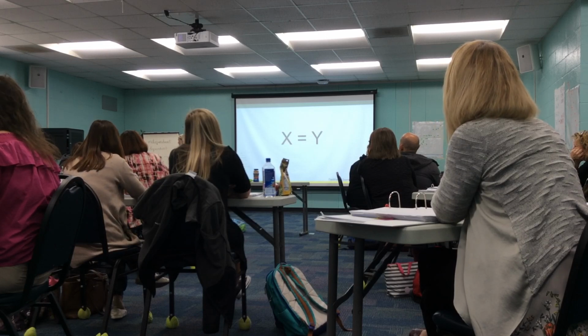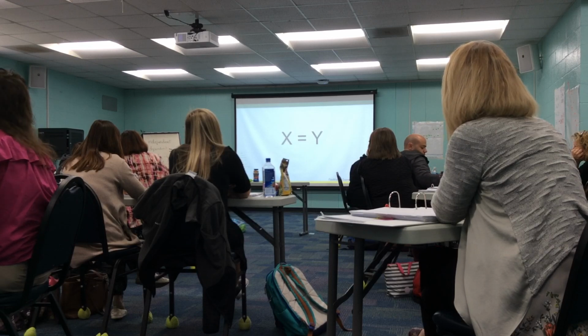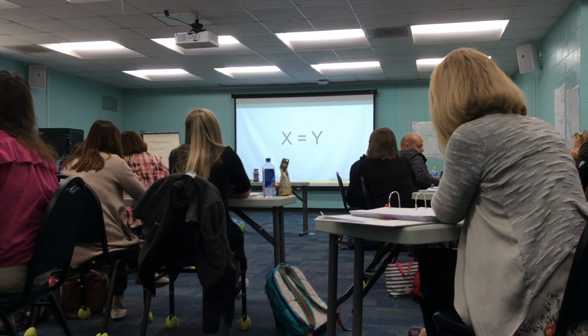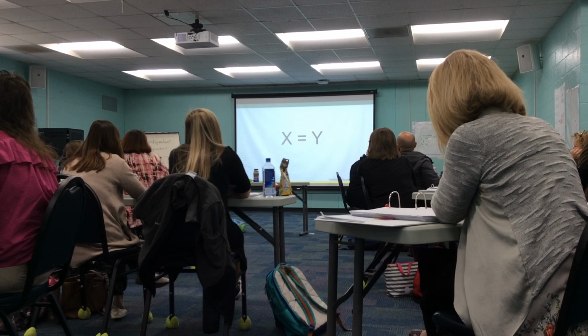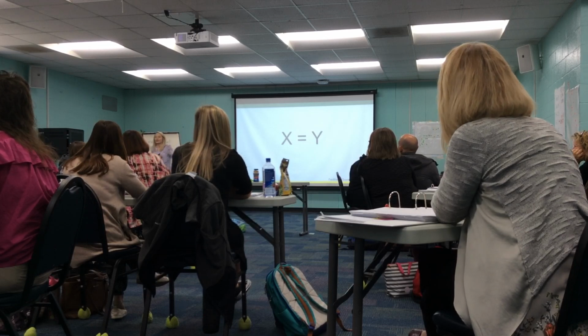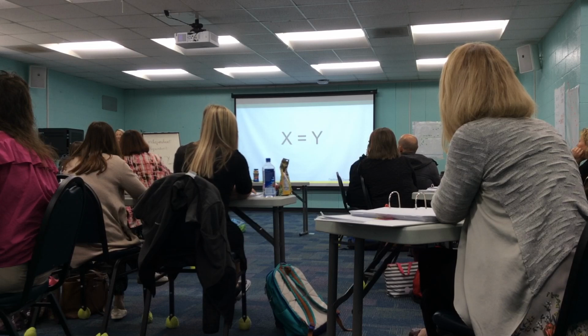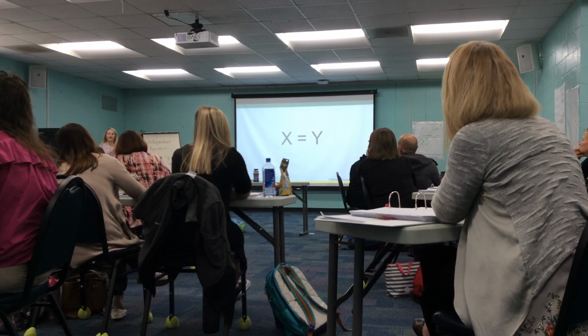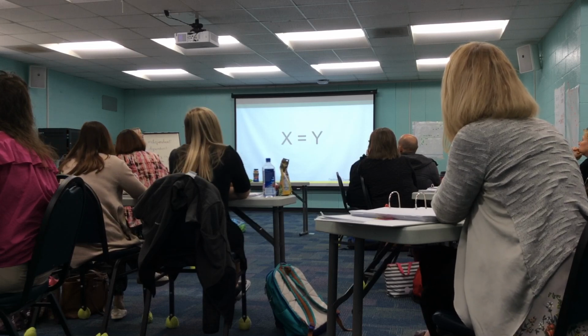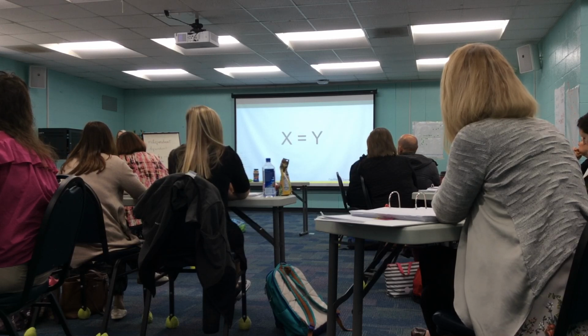Okay? Who knows what this is called? I didn't know before this training, because I learned this very procedurally. Here, memorize this, plug and chug, homework's done. This is our identity function.